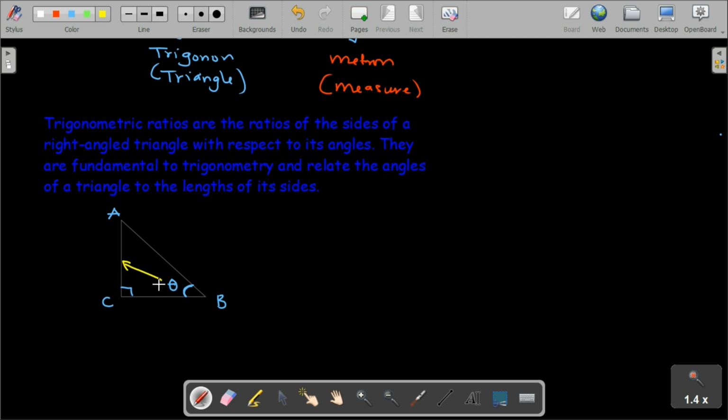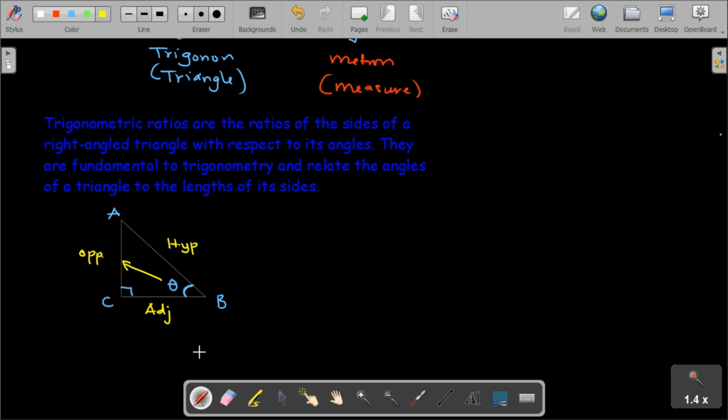So in that context, we label this side AC as our opposite, right? And the other side, other than the one facing the 90 degree is labeled as our hypotenuse, which is always the longest side of a right angle triangle. And the last side is labeled as the adjacent.